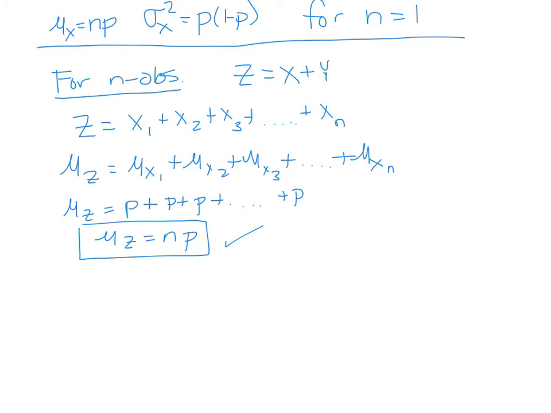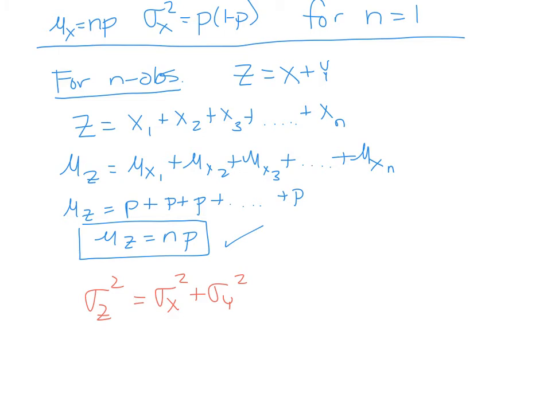Now, as a reminder from earlier, remember that if we want to find sigma sub z squared, the variance of z, we know that this is found kind of via the Pythagorean theorem, that this would be the variance of x plus the variance of y. And because these observations are independent of each other, I don't need to worry about building in a correlation between them, so there is no two rho sigma x sigma y that has to be built in here.